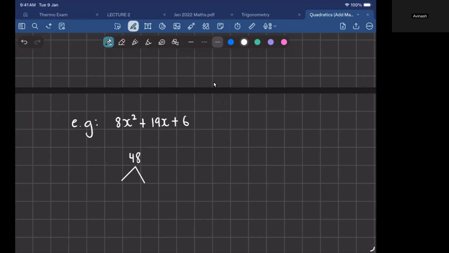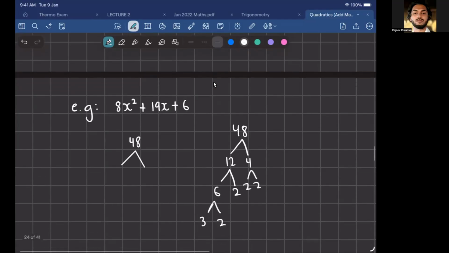Nah, 12 and 4 won't work. Okay, let me show you the trick. For 48, I was saying 12 and 4. I can write 12 as 6 and 2, and I can write 6 as 3 and 2, and I can write 4 as 2 by 2.